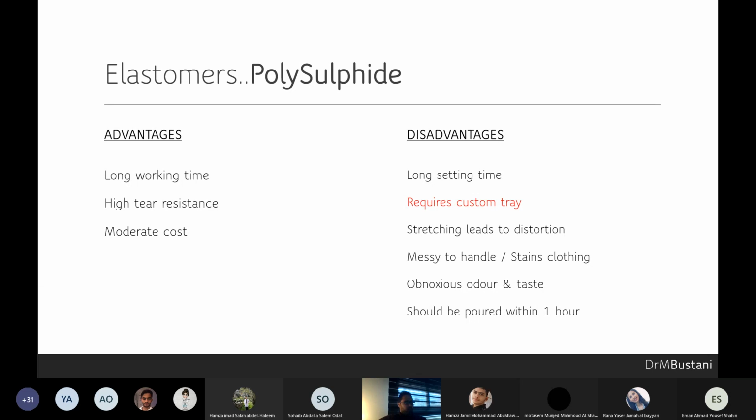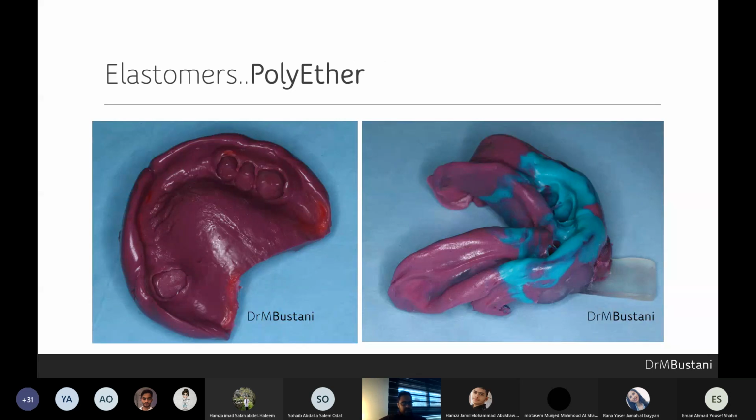Okay. The other synthetic elastic material is polyether. The most common material that you'll come across is called Impregum. It was founded in the 1970s or so. The main advantage of polyether is that it's less hydrophobic than all other elastomers, so it's the most hydrophilic of them.